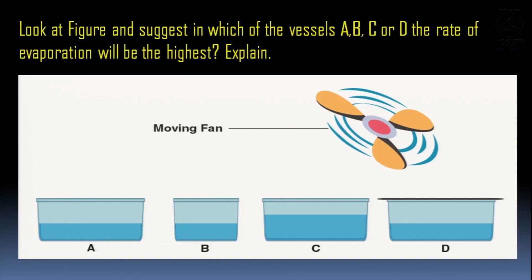No, it's not D because D is covered. Evaporation cannot happen here. Then let's compare A and C, which shows nearly equal surface area. But what is your answer, children? My answer is C. Why? Because it is nearer to the fan and wind speed is more, so evaporation is also more.